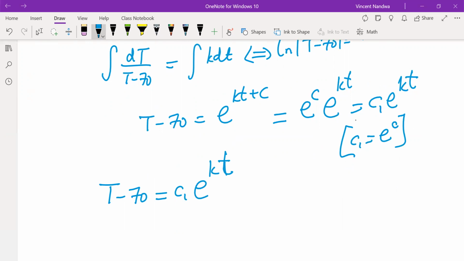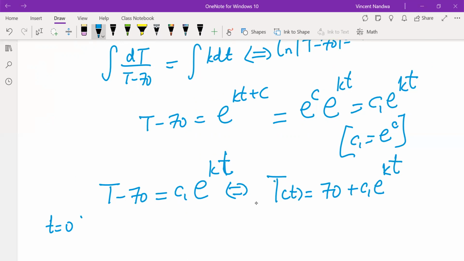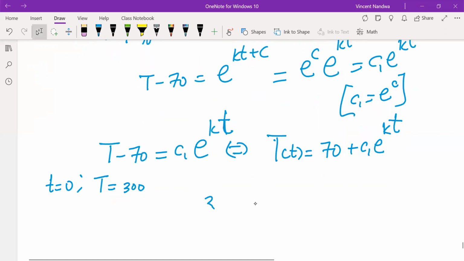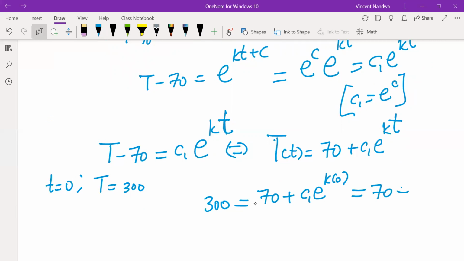But then we know that T of t, taking the 70 to the right, will be 70 plus c1 e raised to the power kt. When t equals 0, then T is 300. So we'll have 300 equals 70 plus c1 e raised to the power k times 0, which is 70 plus c1.